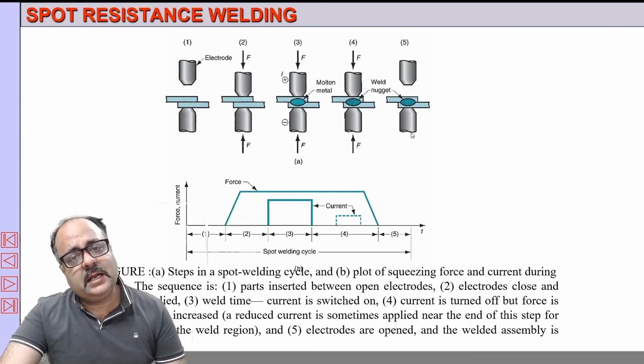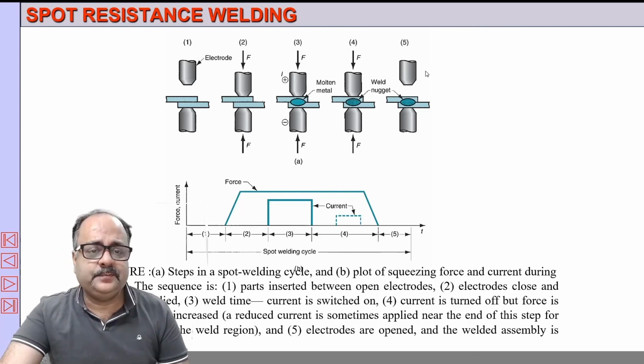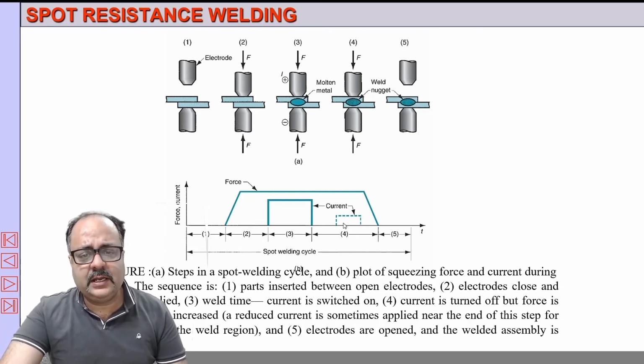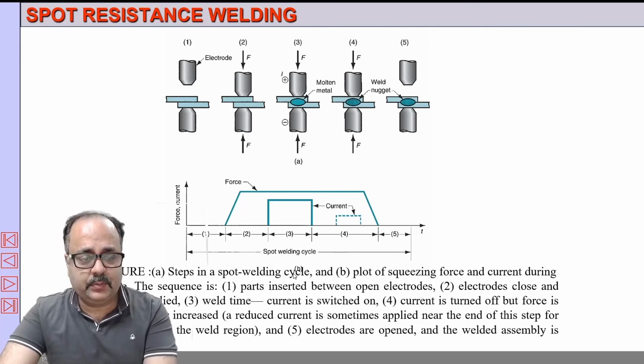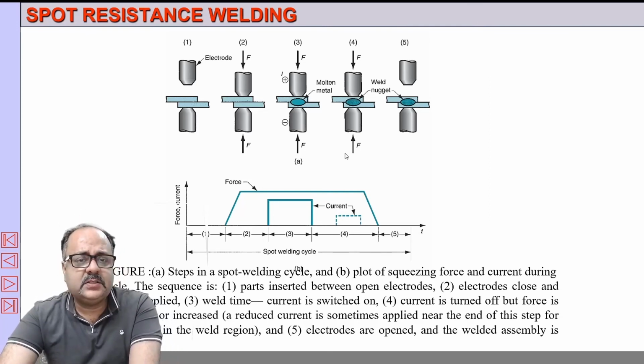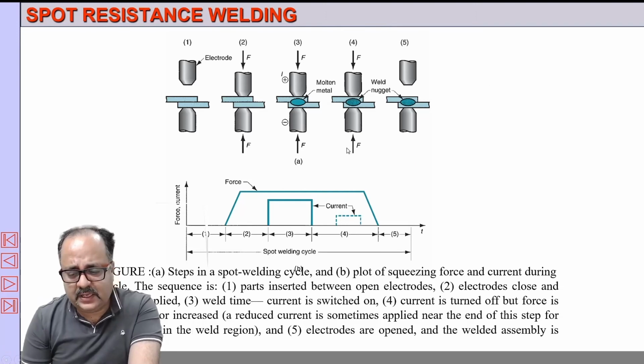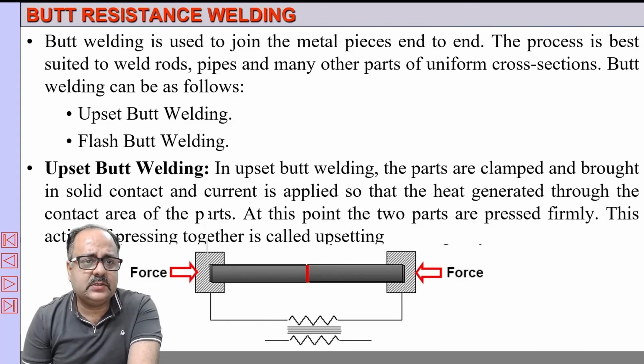This is a very, very fast process, and sometimes you use another cycle of current just to relieve the thermal stress that is developed in the spot weld. So this is the spot welding method, a very efficient technique to weld thin sheets at different locations.